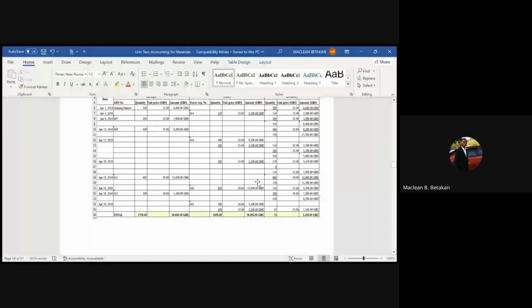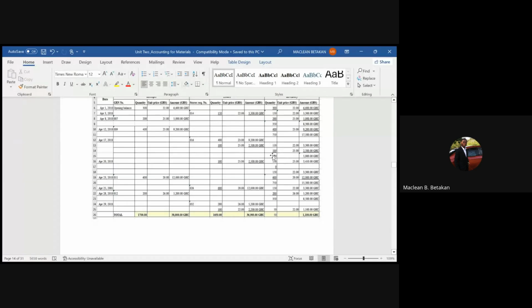So if we issue 100 units and we have 250, but this 250, we are using last in, first out. So this 250 is split into two. We have 100 units, which is the last transaction, and then 150 units, which is the next to last transaction.